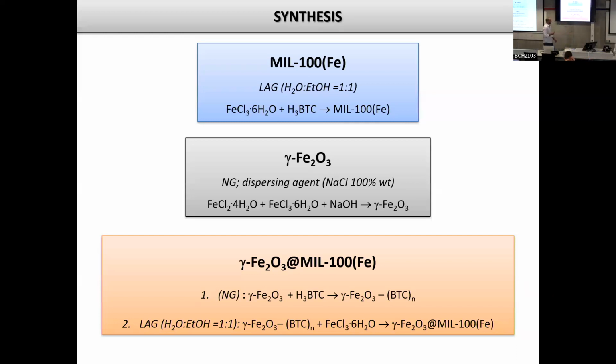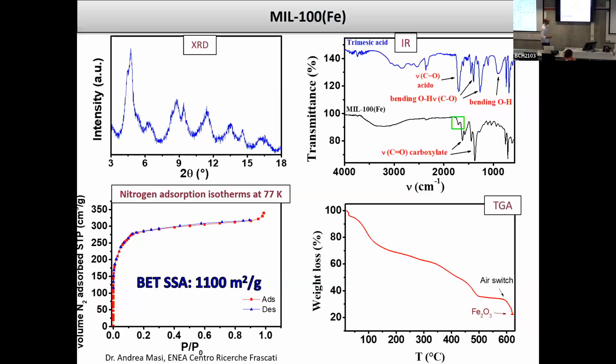We characterized all three materials with different characterization techniques, in particular with X-ray diffraction. As you can see, the material MIL-100 exhibited good crystallinity, and the peaks were in line with reported data.